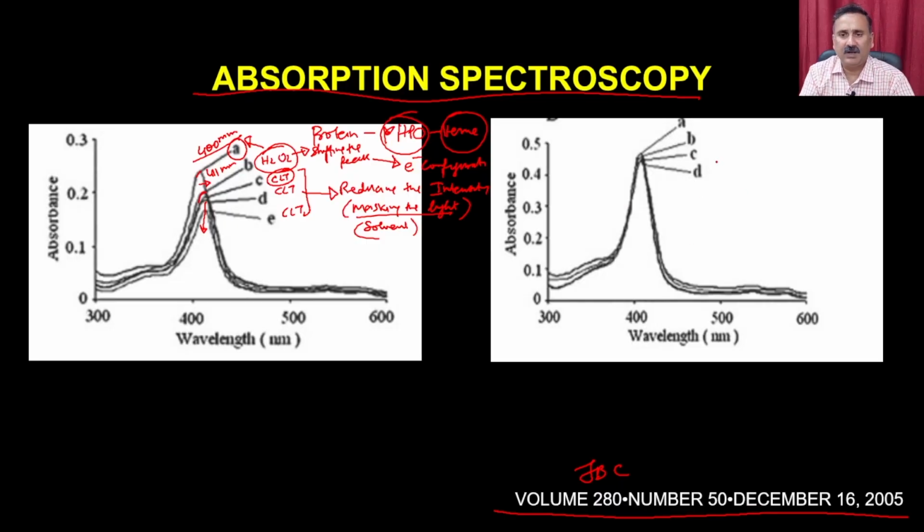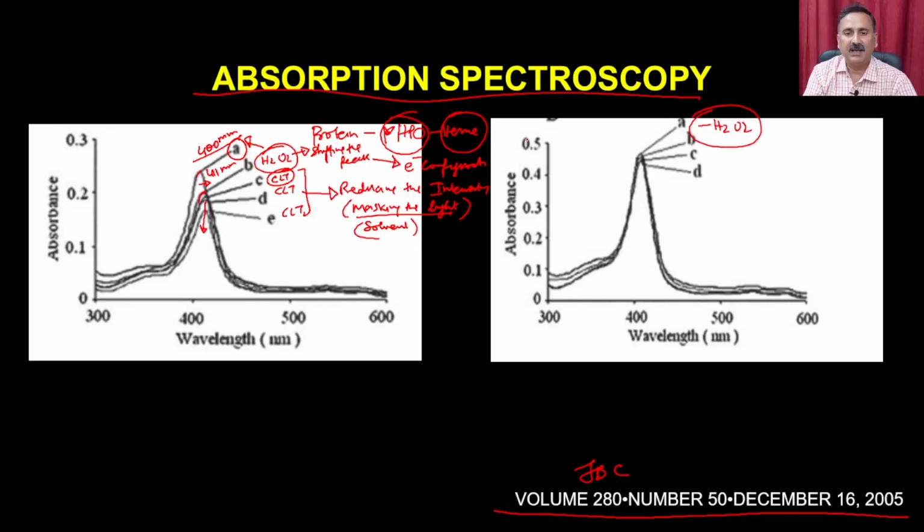This is the same data that I have shown, where I have removed the hydrogen peroxide. When you don't have hydrogen peroxide, this kind of binding is compromised. Now, the major issue with absorption spectroscopy is that it shows you alteration because of the interaction of the substrate, but it is very, very insensitive compared to other spectroscopies.